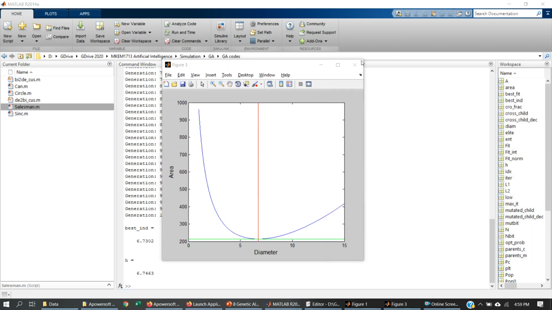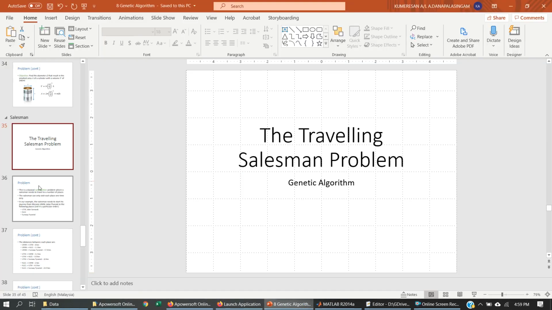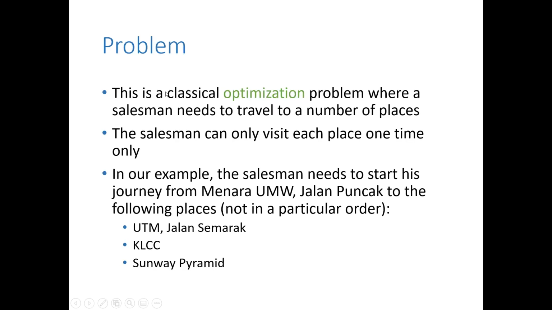All right, let's look at another example. This is the traveling salesman problem. This is a classical optimization problem where a salesman needs to travel to a number of places. The salesman can only visit each place one time. In our example, the salesman is to start his journey from Menara UMW, an actual office in KL, to the following places, but not in any particular order.